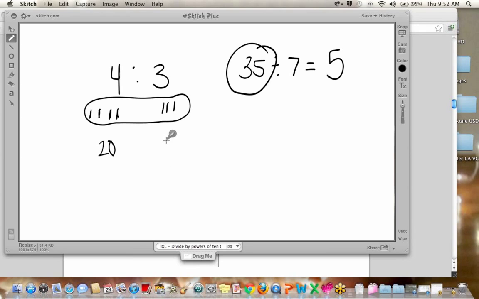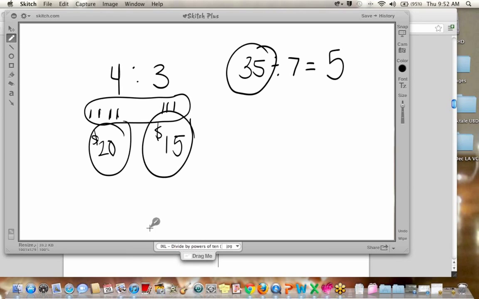So what's 5 times 3? 15. Beautiful. So the way that they're going to split up this money is one kid who gets more, the 4, he's going to get 20 bucks. And the kid who gets the 3 portion is only going to get 15.